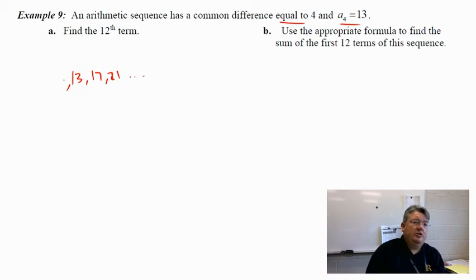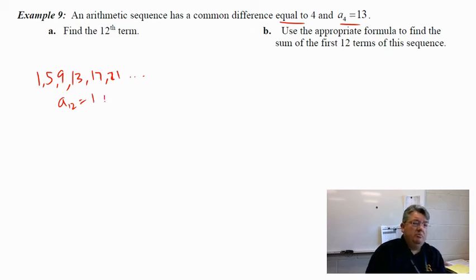So the third term is 9. Second term is 5. First term is 1. Wow. Okay. So for the 12th term, I already got 6 terms there, 1, 2, 3, 4, 5, 6. I might as well go to the 12th term, or I can just do this.